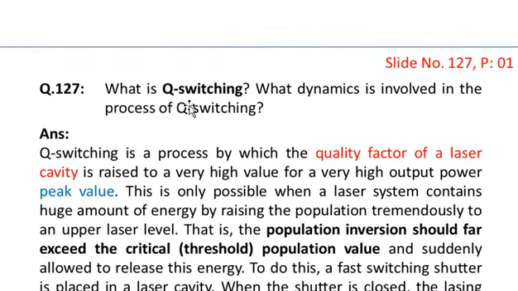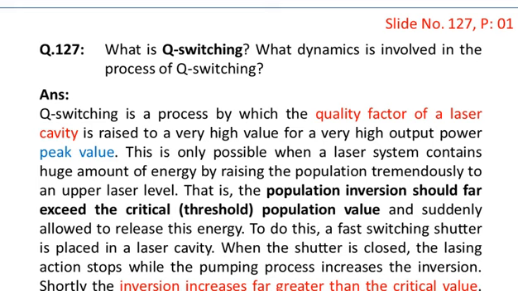Question is, what is Q switching? What dynamics is involved in the process of Q switching? The answer is, Q switching is a process by which the quality factor of a laser cavity is raised to a very high value for a very high output peak power value.